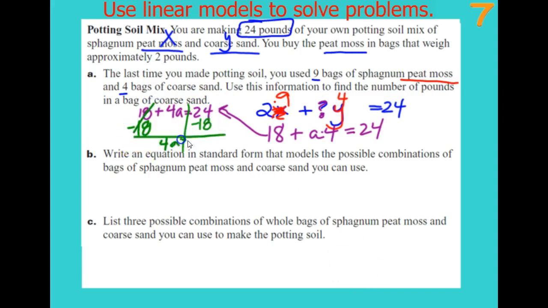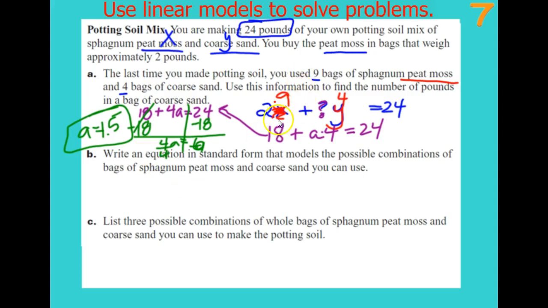We have 4a equal to 6. And then all I have to do is divide by 4. So A should equal 6 divided by 4, which is about 1.5. So each bag of coarse sand weighs about 1.5 pounds.